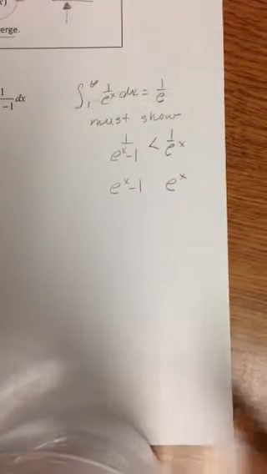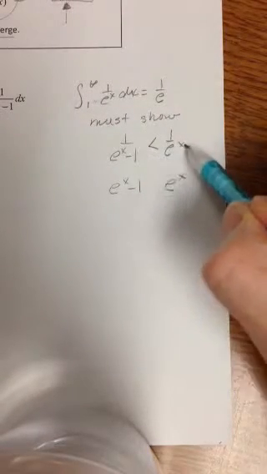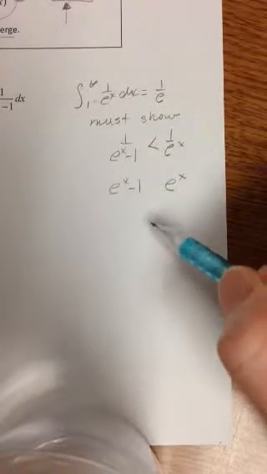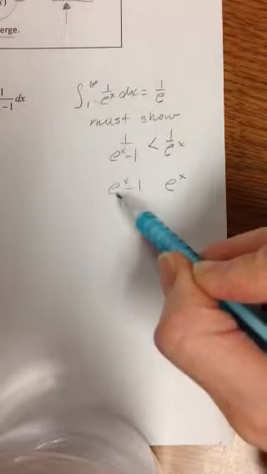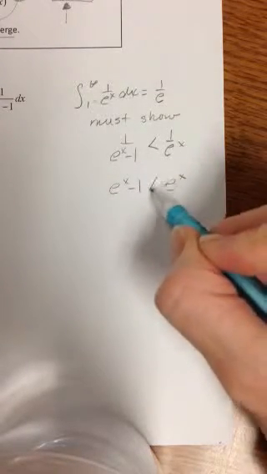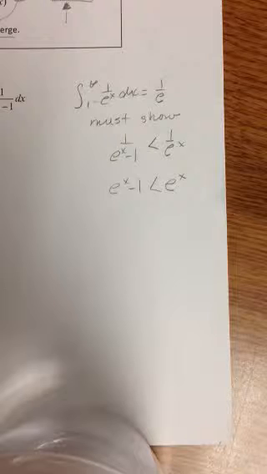To do that, I'm going to start by comparing not 1 over, but just e to the x minus 1. Mistake here. I wanted to show 1 over e to the x minus 1 to be less than 1 over e to the x. Certainly, e to the x minus 1 is less than e to the x.